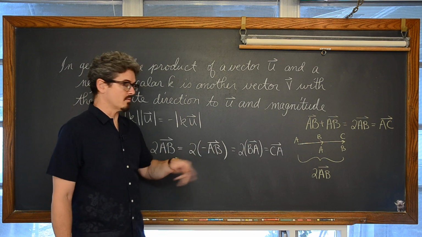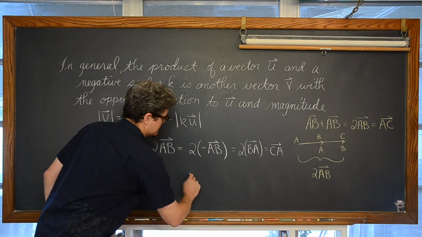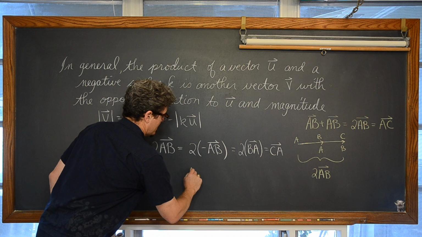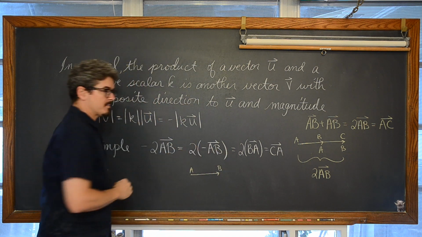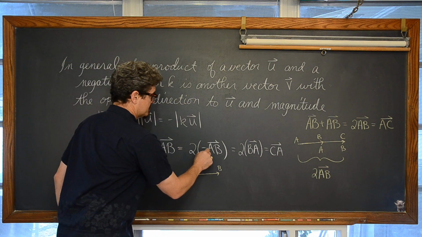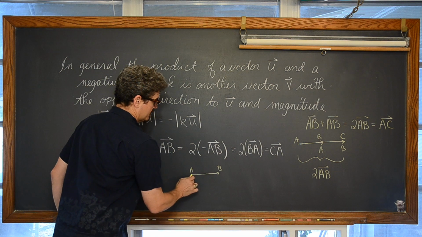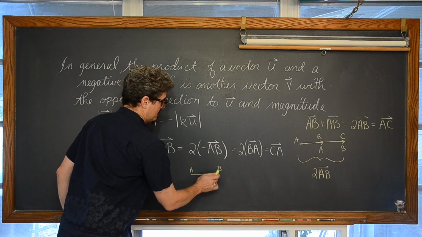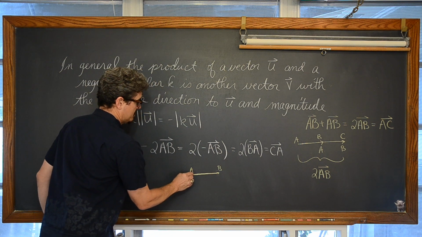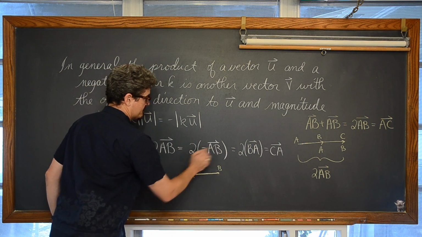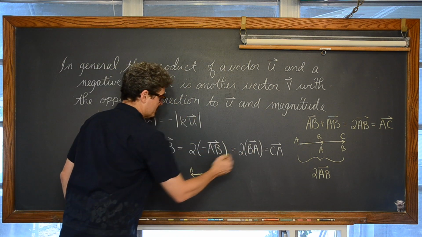So in other words, if this is A and this is B, we want to go in the opposite direction. The opposite of vector AB is actually BA. So instead of starting at A and going to the terminal point of B, this opposite notation means that we're going to go from point B to point A and have this opposite vector really be vector BA. And now we're going to move 2 of those distances.